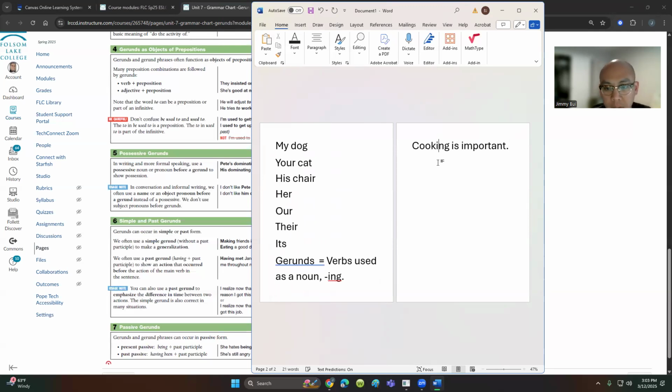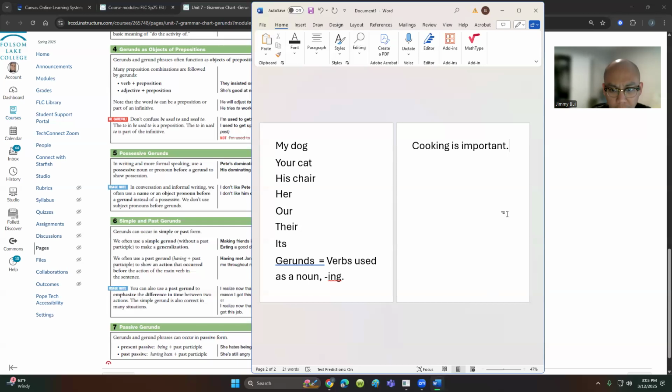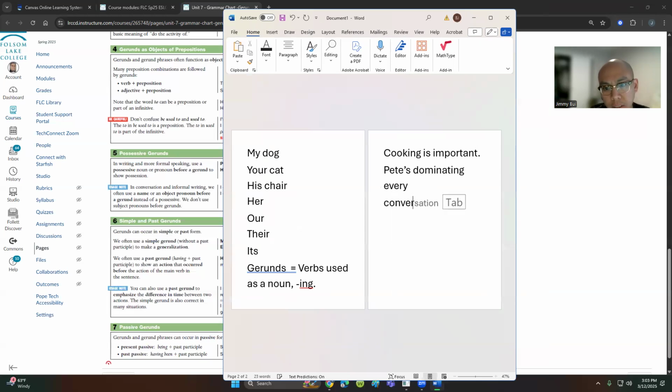Okay. So his now, this example here, Pete's dominating every conversation bothers me. This can be a bit confusing. Pete's dominating every conversation bothers me. So remember, this is the same, right, as his. Now, why this is confusing is because this can also be a Pete is, or he is, right? A contraction.